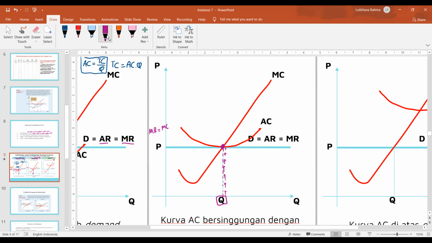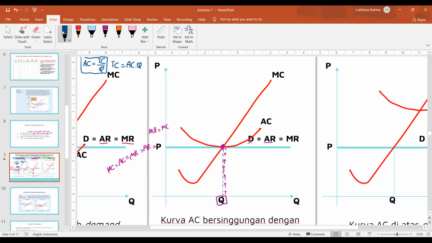This is the price curve and also the demand curve, the average revenue, and then the marginal revenue. Yeah. And then what's next? The average cost. Then what's next? It is the MC also, the marginal cost. So there are so many conditions at that one point.